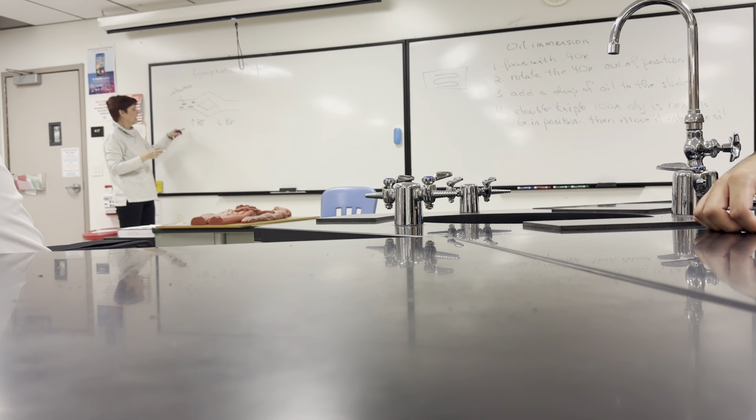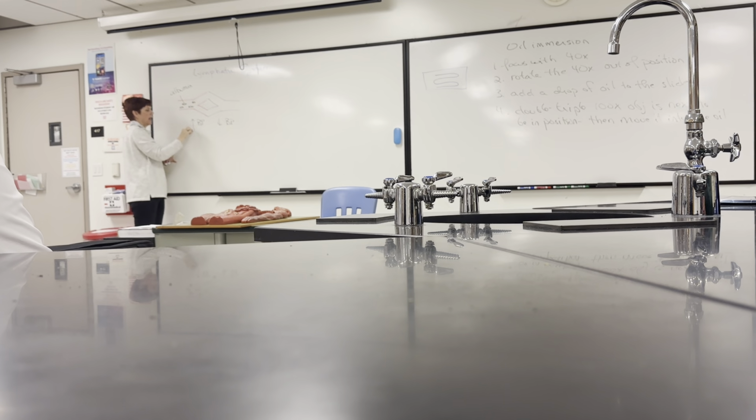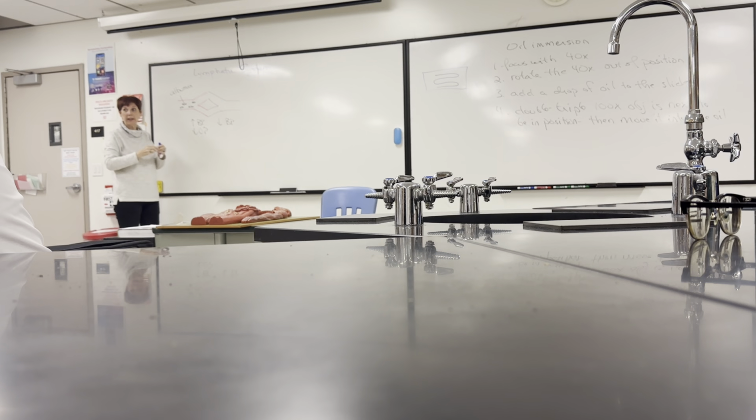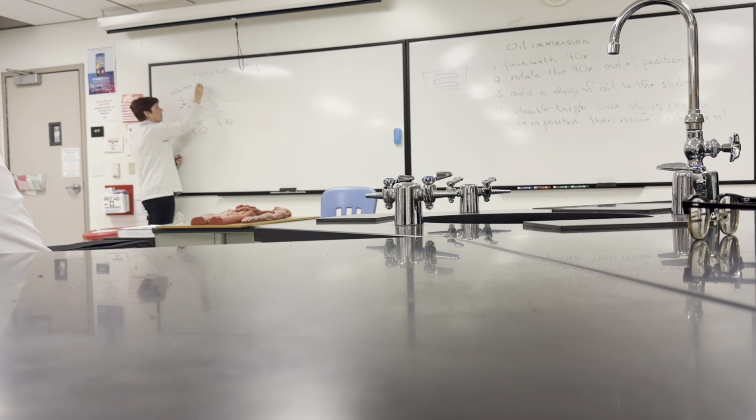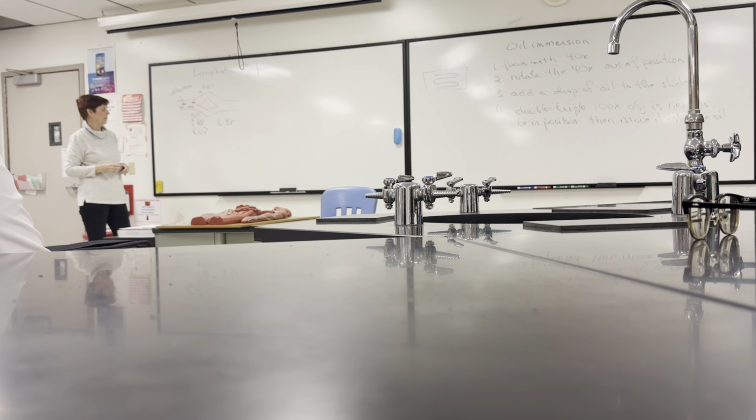And on this end, in comparison to this end, we have lower oncotic pressure. Okay? But the hydrostatic pressure is going to push water across our capillary walls. And that's leaving the cardiovascular system and decreasing blood volume.